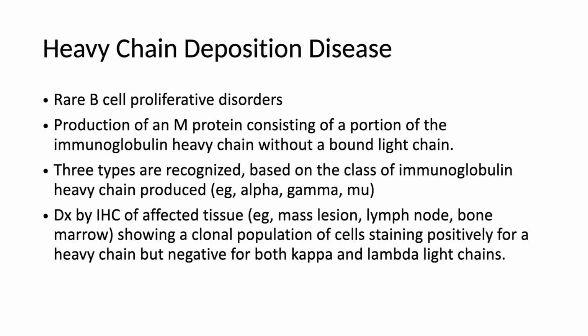Diagnosis is by immunohistochemistry of the affected organ biopsy, which could be a mass lesion, lymph node, or bone marrow, which shows clonal population of B cells staining positive for heavy chain, but negative for kappa and lambda light chains.